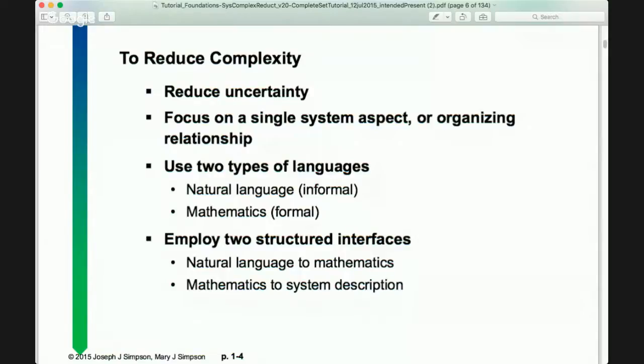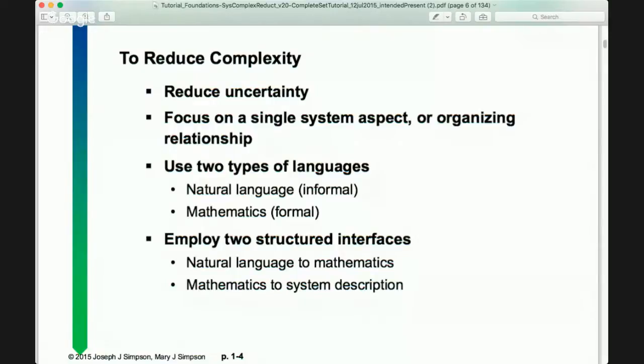And then when you have more than one organizing relationship, as you integrate or aggregate them, that again reduces uncertainty because you are able to look at, name, and understand how you're putting these things together, and how the second order relationships are going on. Of course, you use two types of languages: natural language, which is informal, in the ISM area, and mathematics, which is a formal language, from the DSM area.